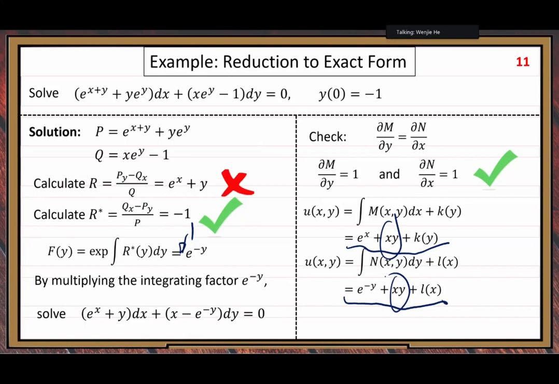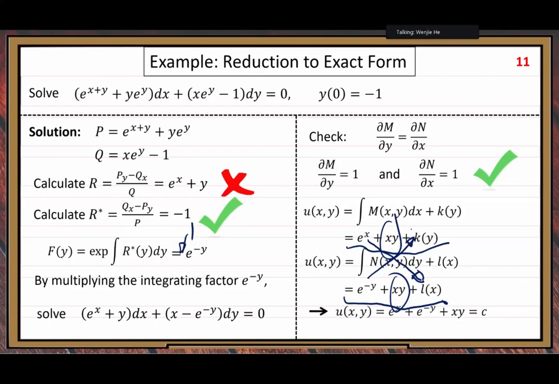The x term, this e to the x, should go to little l, corresponding to this little l. This e corresponds to that little k. And the y function goes here.